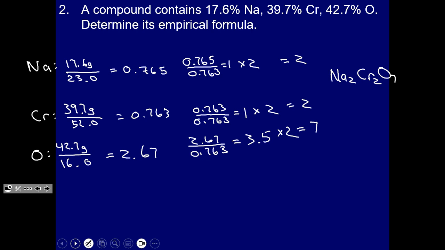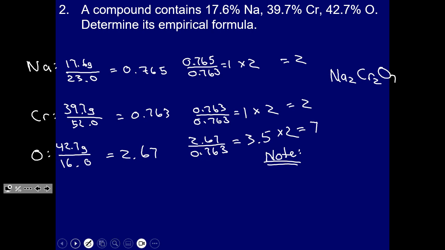Now, I'm going to add a note on the end of this. Sometimes there isn't even just 2's in it. Sometimes you've got something where the smallest ratio has 3's in it. So, let's write down what we did.